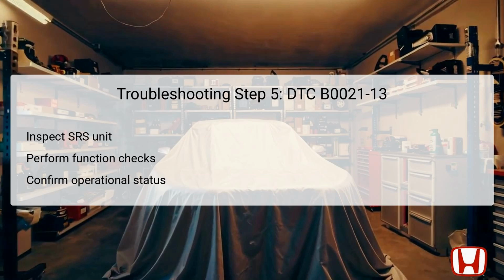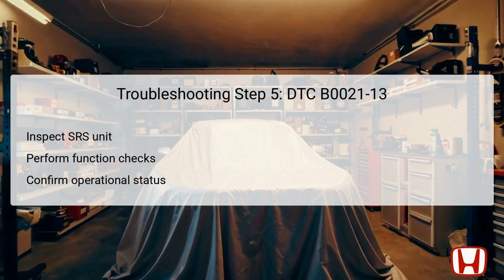In the fifth troubleshooting step, if prior inspections reveal normal conditions, the SRS unit itself is the next component to inspect. Technicians should perform function checks on the SRS unit to confirm its operational status. This may involve using diagnostic tools to attempt to clear any stored DTCs and checking for the reappearance of this code.